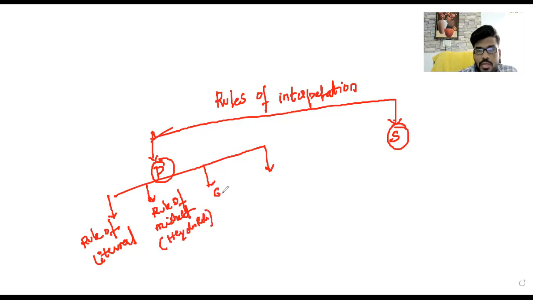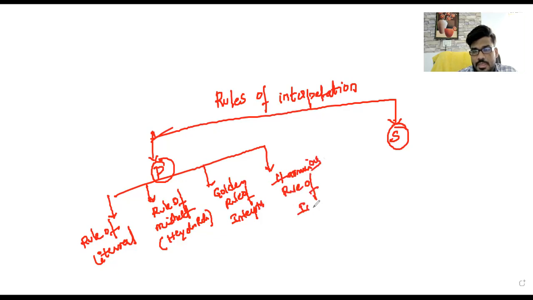Next one is the golden rule of interpretation. And the last one is the harmonious construction, the harmonious rule of interpretation. These are the four important primary rules of interpretation.